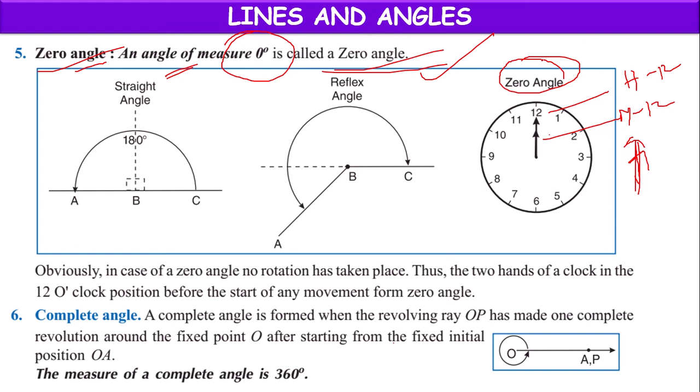So the angle between them is 0 degrees. Or if the angle is like this, then it is called 180 degrees straight angle. More than 180, this is called reflex angle.